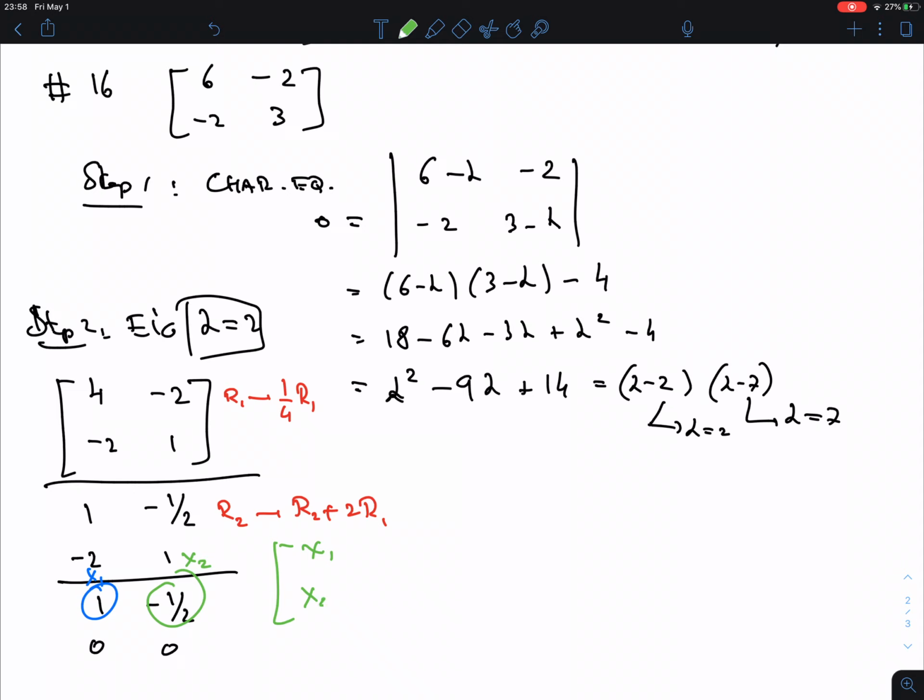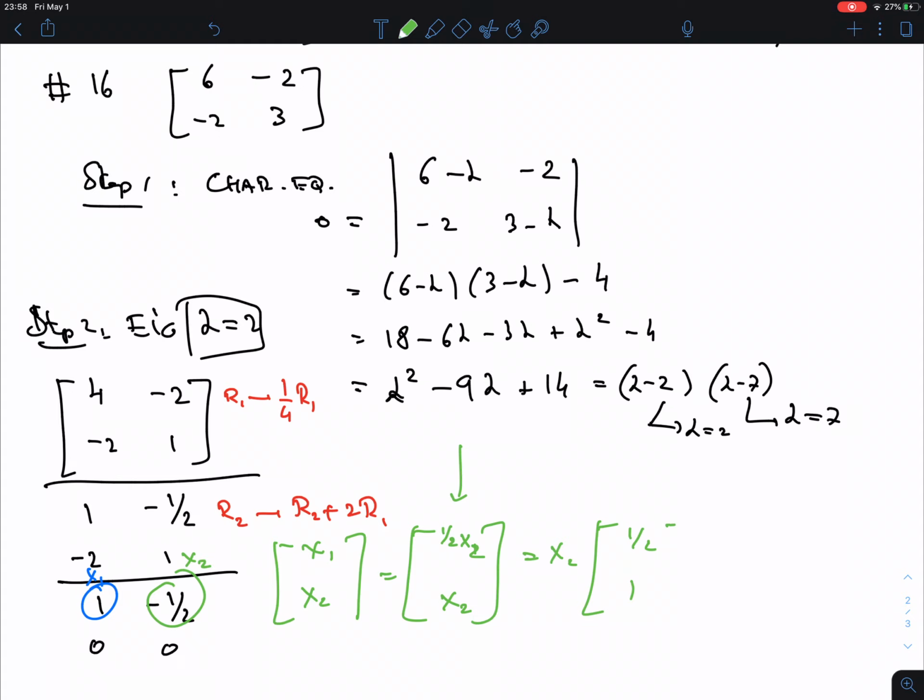So x1, x2. x2 is itself. What is x1? Well, it's a half x2. Sorry, x2. Everything has to be in here. At the final part, you can only have free variables, and then you can factor them out. And of course, in this case, it's exactly one free variable and exactly one pivot variable, right? But in larger sizes can be different things.